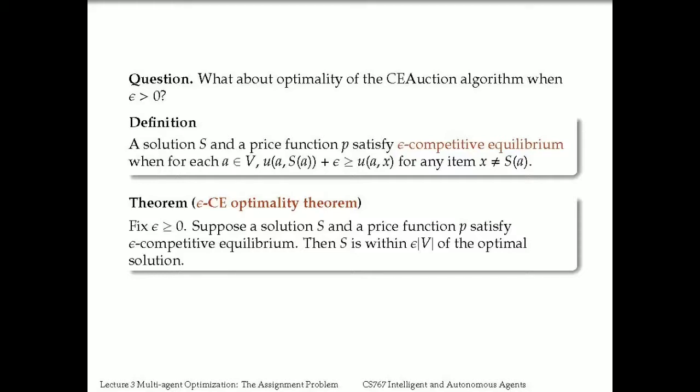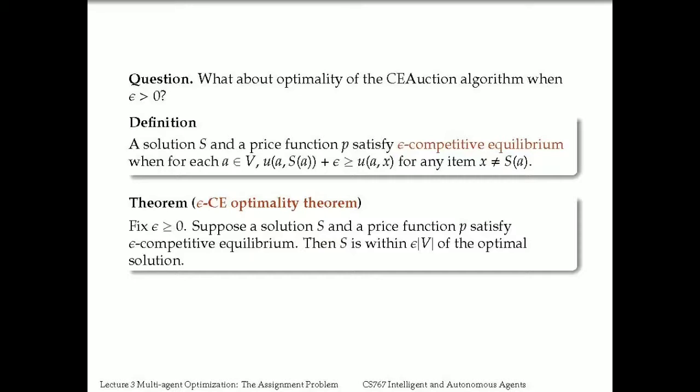So formally, U of A, S_A is bigger or equal to U of A, x minus epsilon for any item x which is different from S_A, right? So in this condition, we say that this is epsilon competitive equilibrium. You can see this is a weaker version of the original competitive equilibrium. So you can think of it as a sort of relaxation.